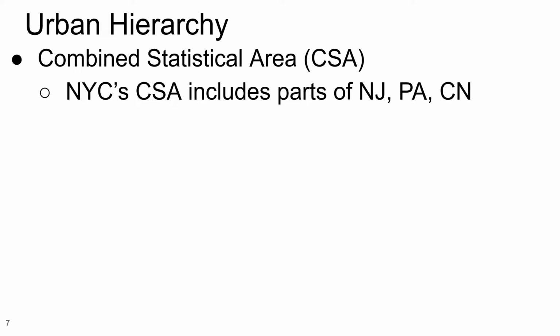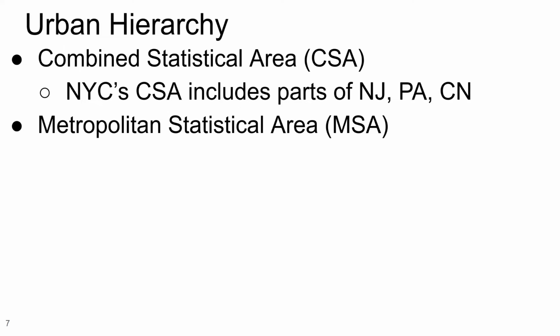They're looking at it in terms of a functional region, acting as if they're all linked together. They're all connected by flows of money and people and cars and transportation and all that stuff. So the largest area is a combined statistical area.